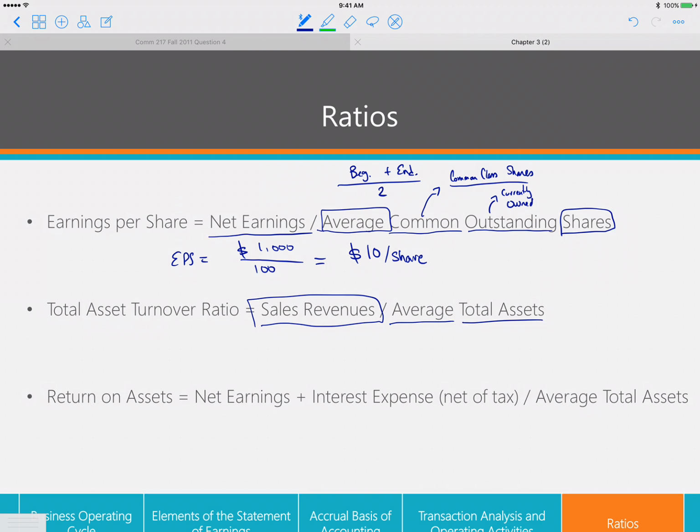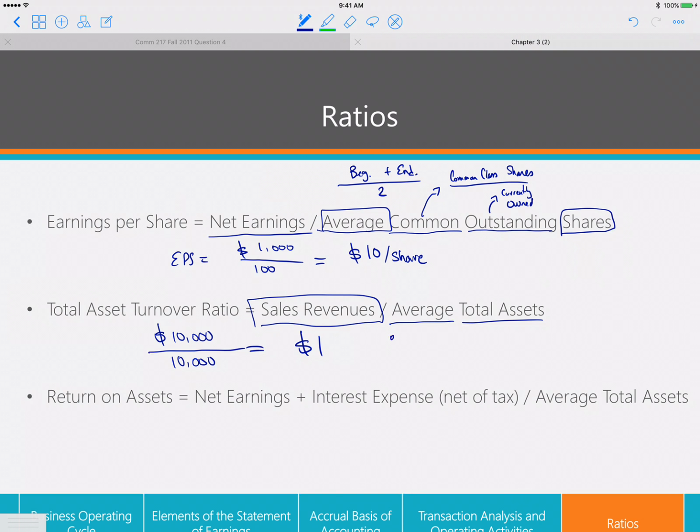So let's say we had sales revenue of $10,000 and we had, as our average total assets, $10,000 of assets. So our ratio would be $1, or would be 1. So it would mean that for every dollar of assets that the company had, we generated $1 of sales.